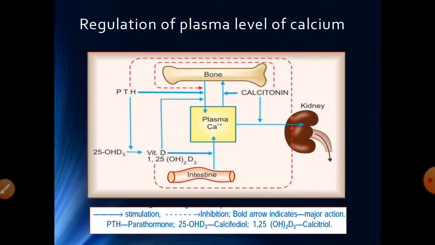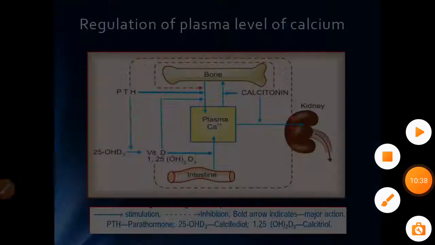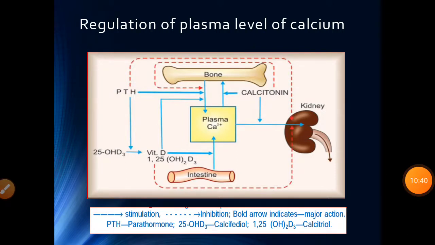Next is regulation of plasma levels of calcium. So this is the next table. In this we are going to see the regulation of plasma level of calcium, and how it is maintained.